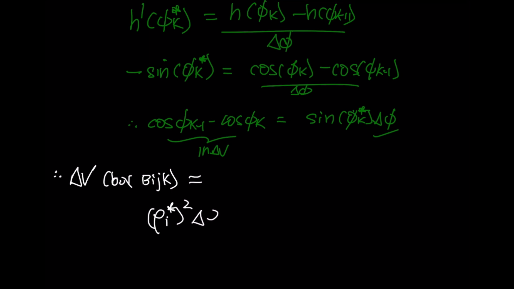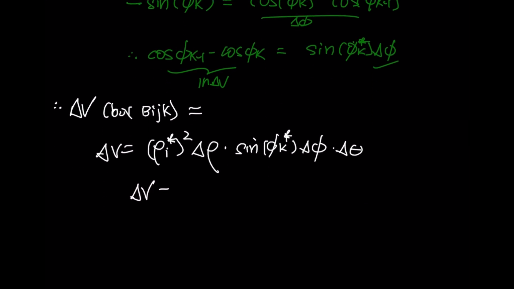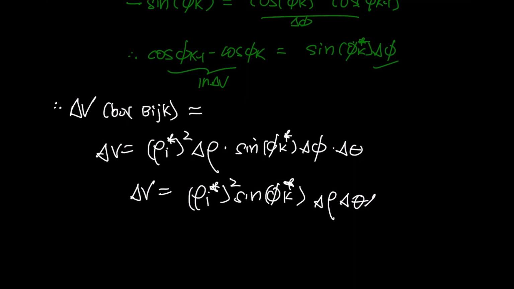This is going to end up giving us a ρᵢ* squared Δρ. The difference in those cosines is going to now give us a sine φₖ* Δφ, and we had a Δθ from before. Reorganizing it, we'll get ρᵢ* squared sine of φₖ* Δρ Δθ Δφ. This is exactly the form that we want.